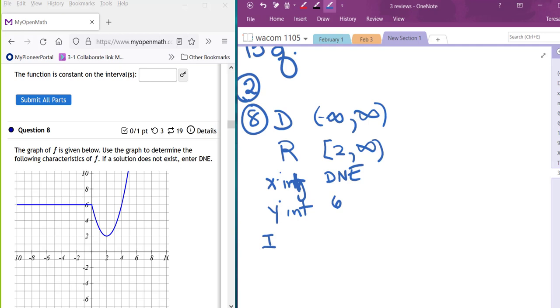So it is increasing from 2 to infinity. It is decreasing from, you're using x values, so it is 0 to 2 is the only section where this one is going down. And it is constant from negative infinity to 0.